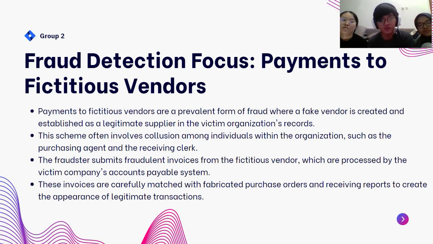These schemes often involve collusion among individuals within the organization, such as the purchasing agent and the receiving clerk. The fraudster submits fraudulent invoices from the fictitious vendors, which are processed by the victim company's accounts payable system. These invoices are carefully matched with fabricated purchase orders and receiving reports to create the appearance of legitimate transactions.